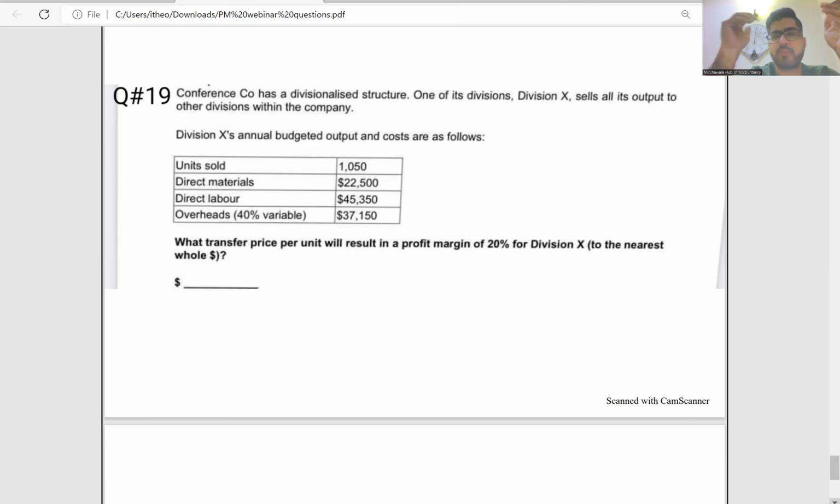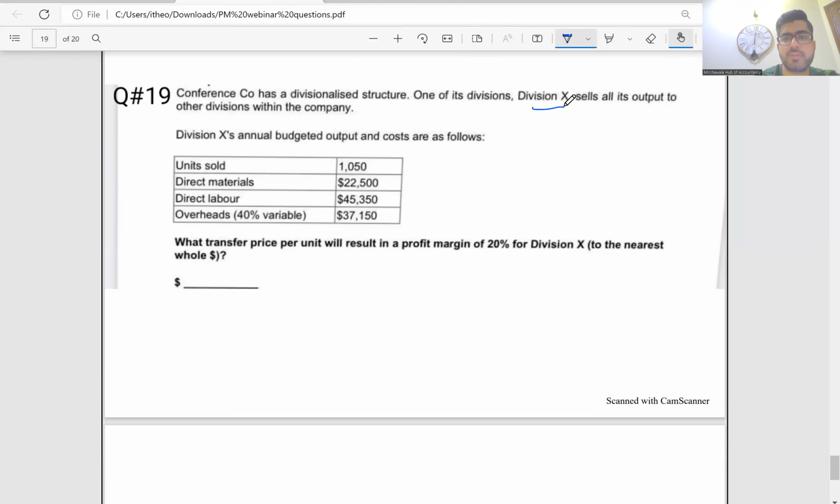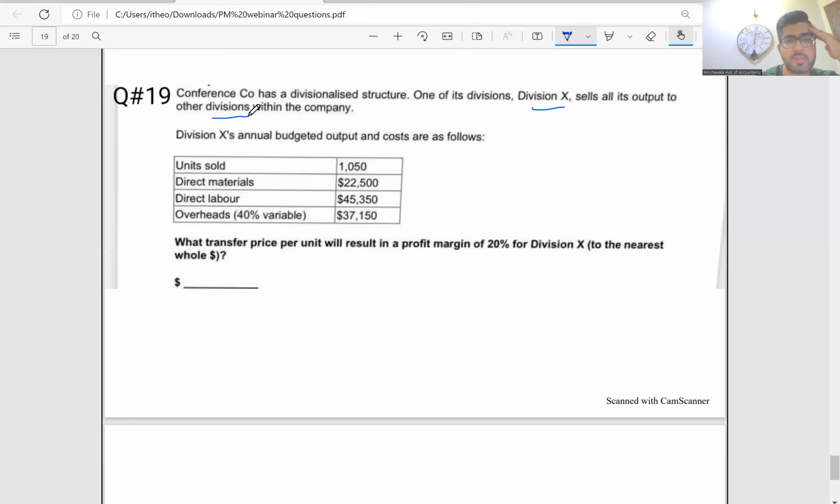Usually, the topic of transfer pricing is sometimes tricky for students, but this is a very simple question. A company has a divisionalized structure, and one of its divisions, division X, sells its output to other divisions. Division X's annual budgeted output and costs are units sold 15050, material 22500, labor 45350, and overheads 37150.